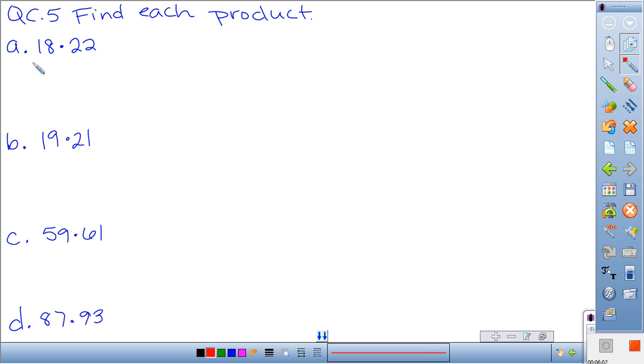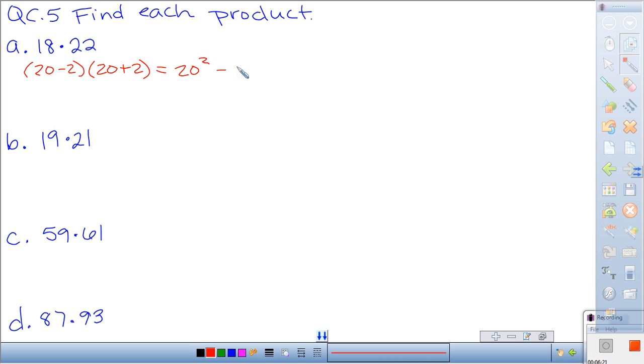I could rewrite 18 as 20 minus 2, and I could rewrite 22 as 20 plus 2. Now we end up with a case where we can use our rule for the difference of squares. So we square the first term, 20 squared, minus square the second term, 2 squared. 20 squared is 2 times 2 is 4, add your 2 zeros, minus 4. 400 minus 4 is 396.